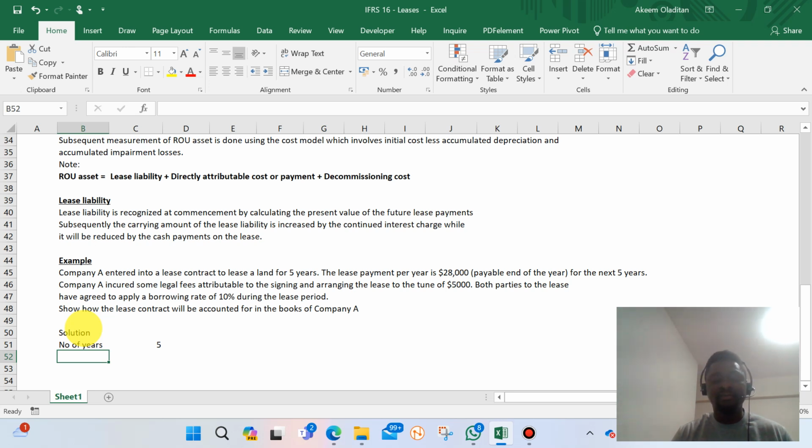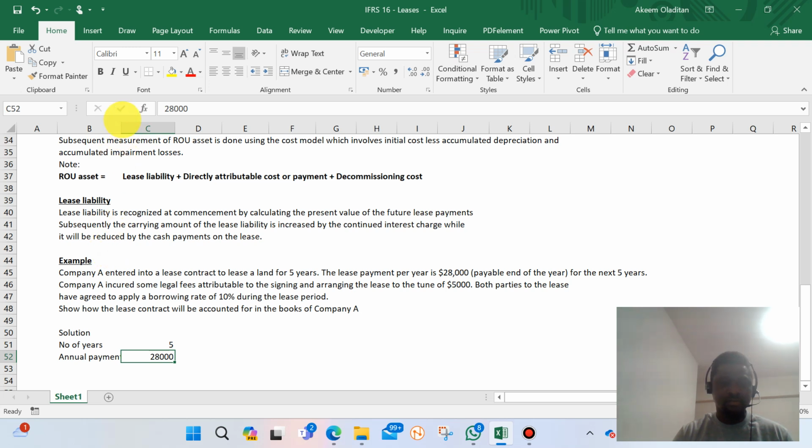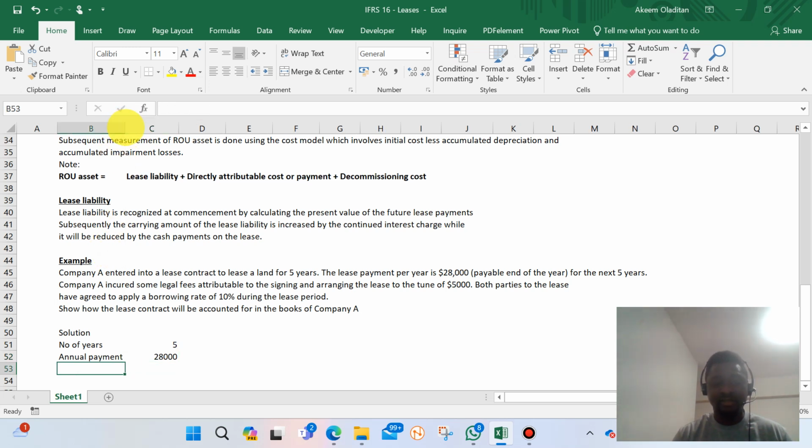Then the lease payment per year is $28,000 payable at the end of the year for the next 5 years. So annual payment is $28,000.